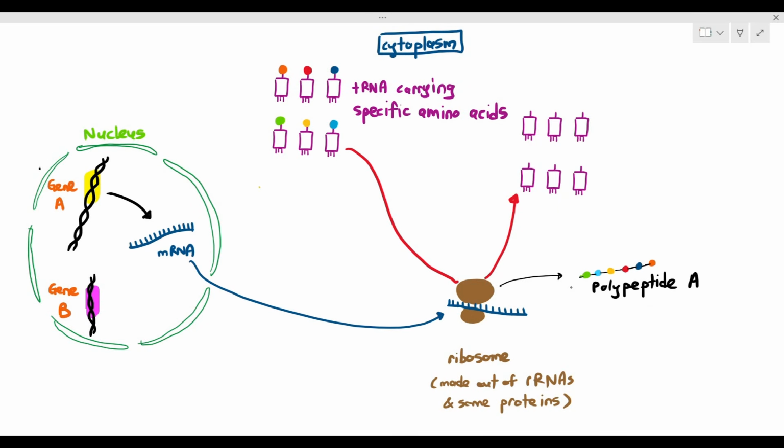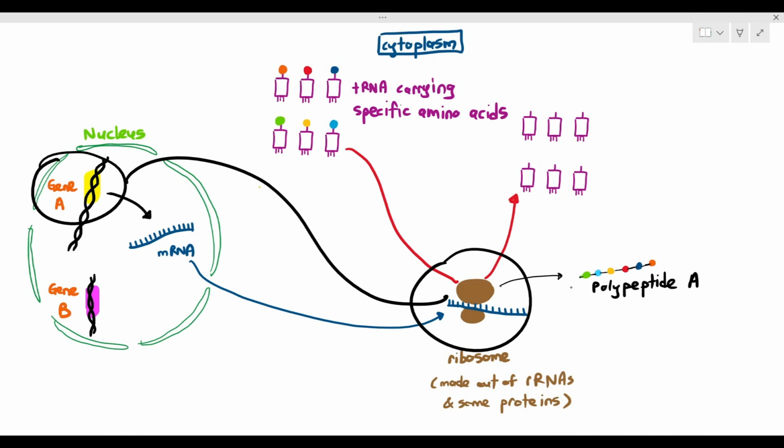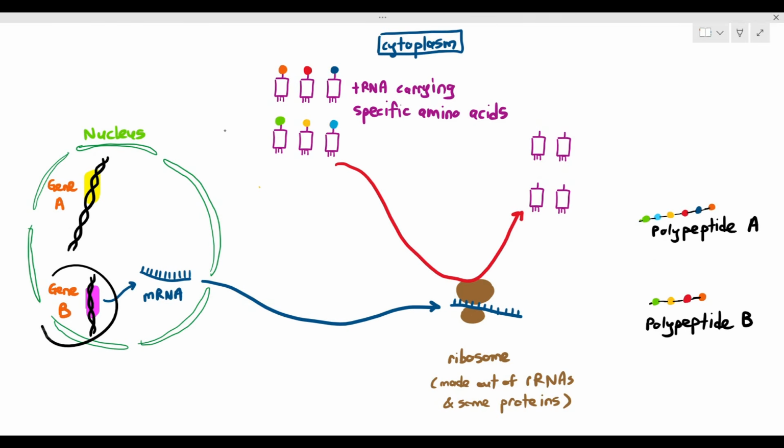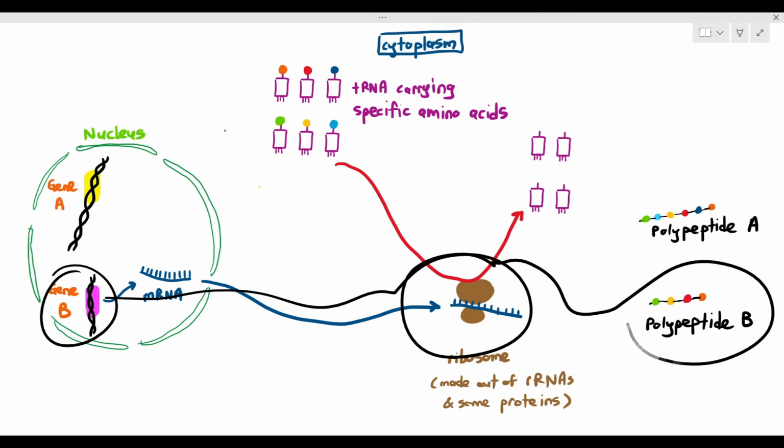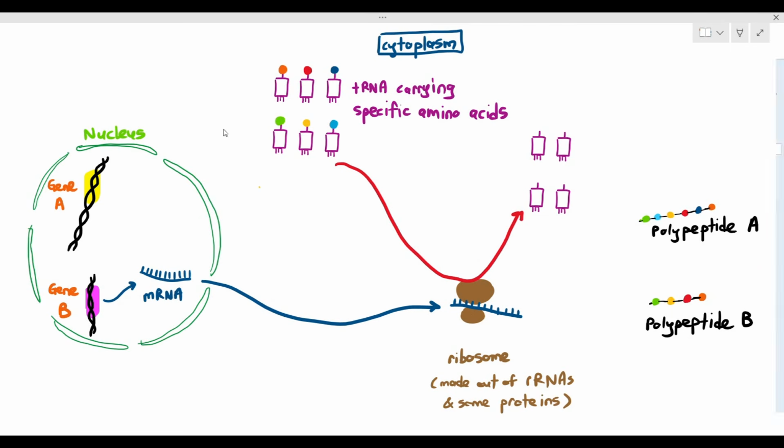So gene A will tell the cell to produce polypeptide A, which is a type of protein, and gene B will tell the cell to produce a different type of polypeptide, which is polypeptide B. That's how the cell is able to produce different types of proteins, because the cell has different types of genes. That's basically it.